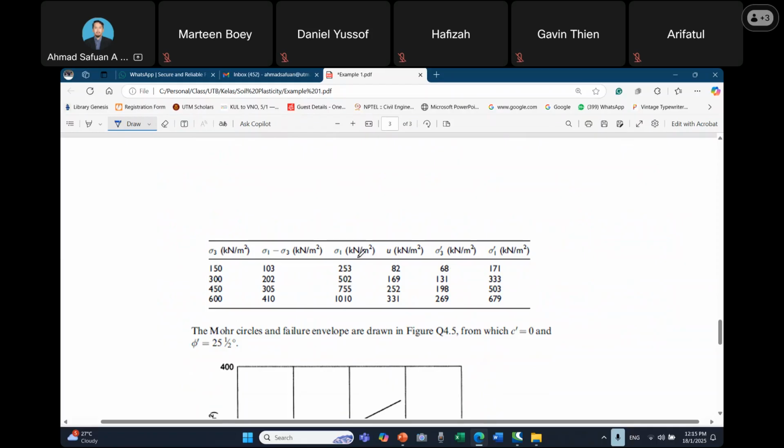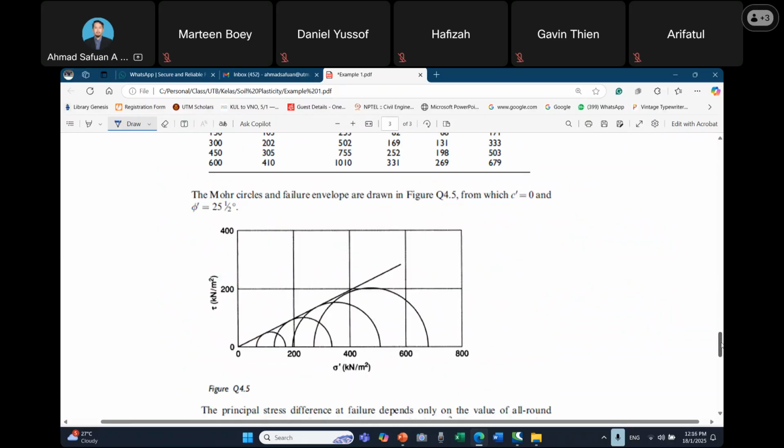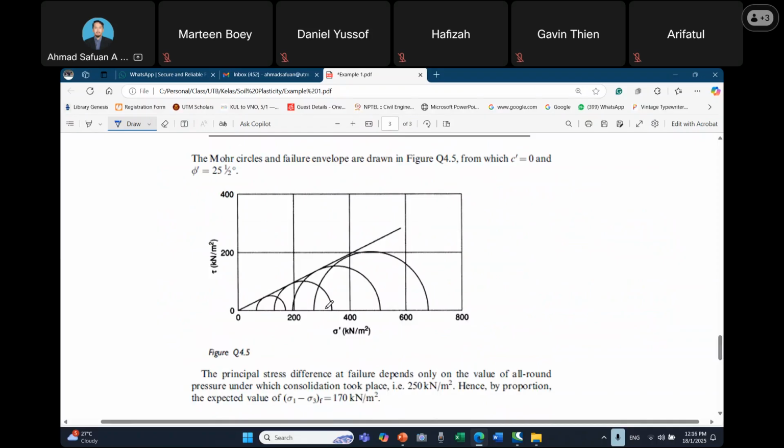Same goes for sigma 1: 253 minus 82, then we obtain 171. Based on sigma 3 and sigma 1, we plot the graph of the effective stress.